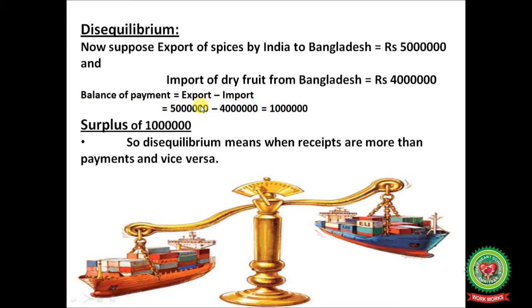Our export is 50 lakhs and import is worth rupees 40 lakhs. So surplus is worth rupees 10 lakh. So disequilibrium means when receipts are more than the payments and vice versa.